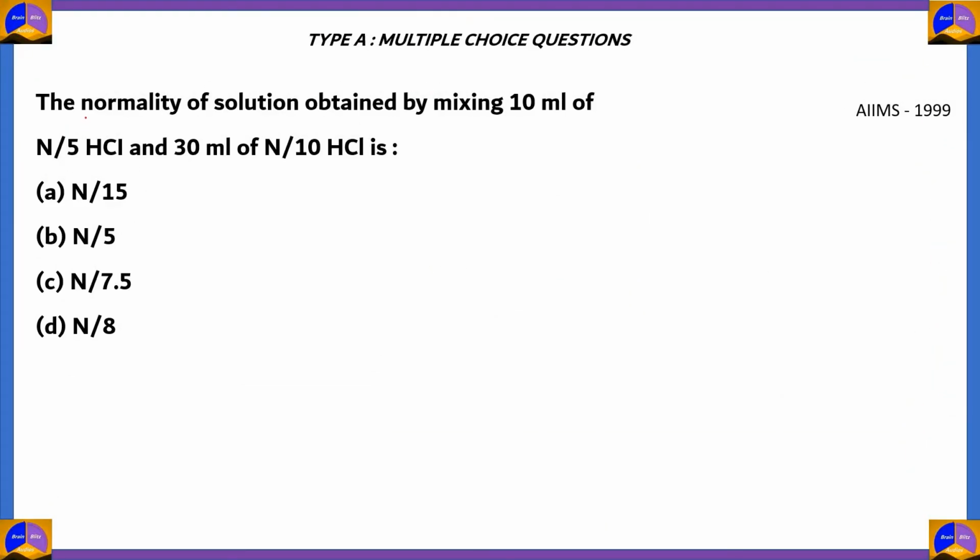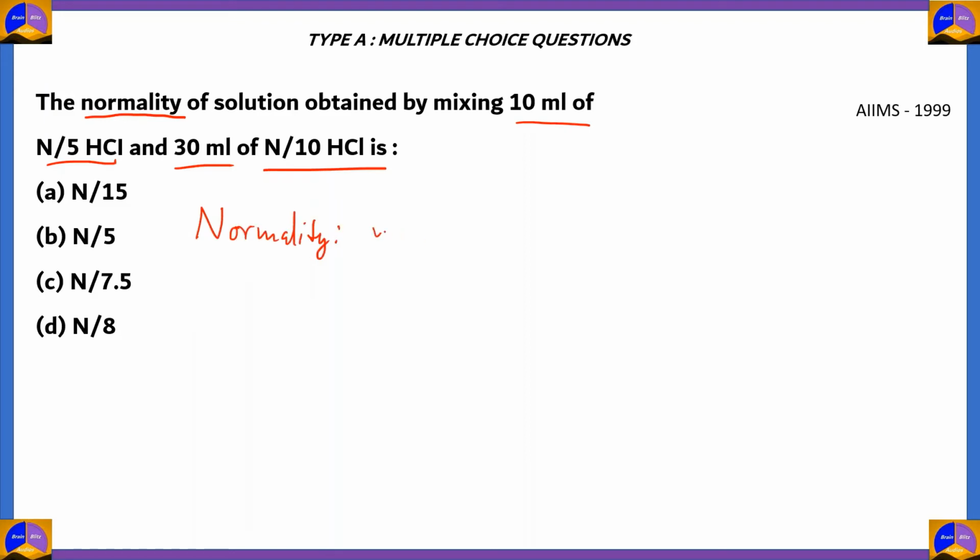Next question. The normality of the solution obtained by mixing 10 ml of N by 5 HCl and 30 ml of N by 10 HCl is N by 15, N by 5, N by 7.5, or N by 8. What is normality?